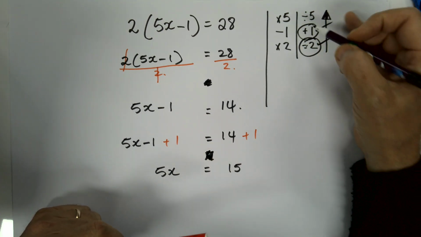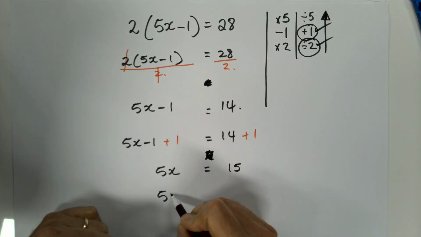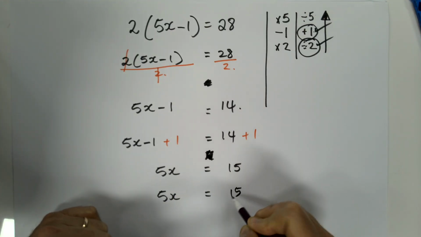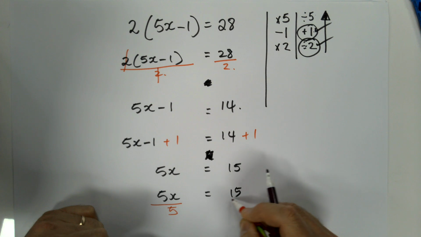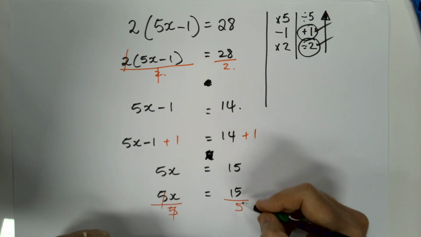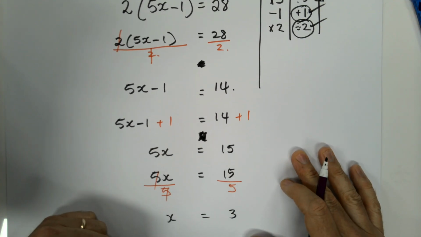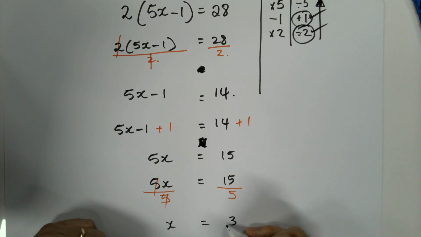That one's done. Lastly, I'm going to divide by 5. Cancel, cancel. I've got 15 divided by 5, so that's 3. And the last thing that's left here is x. As it fits on the screen there, x equals 3.